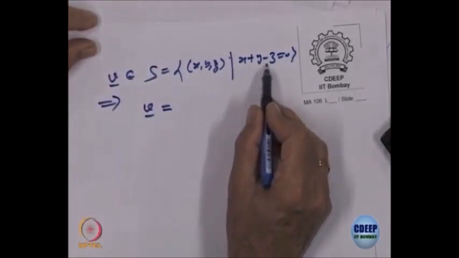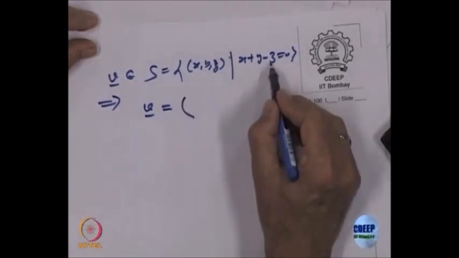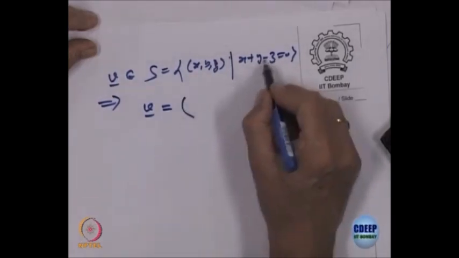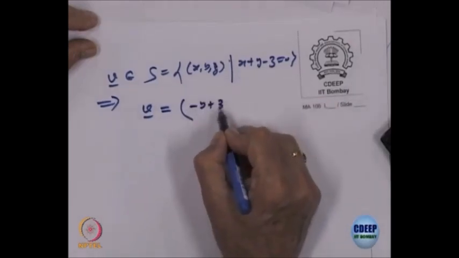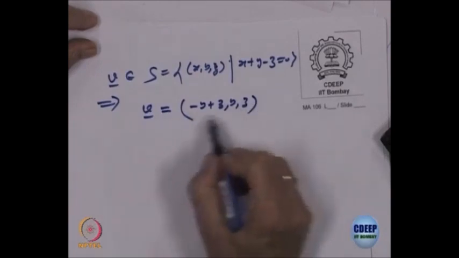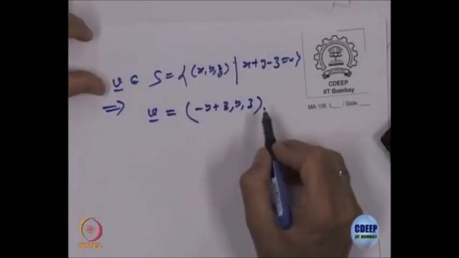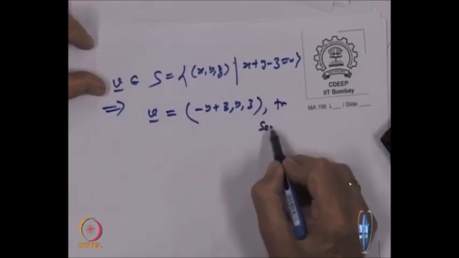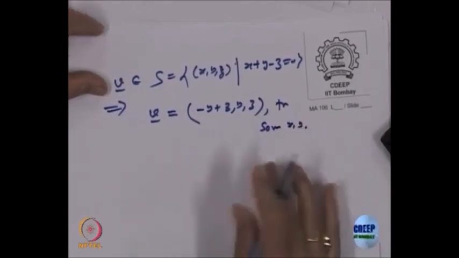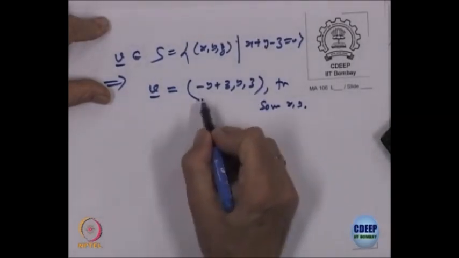I can compute x in terms of y and z. So, what is x from here? x is equal to minus y plus z, with y and z. Is it okay? V should be of this form, where y and z are some constants, for some y and z, right.